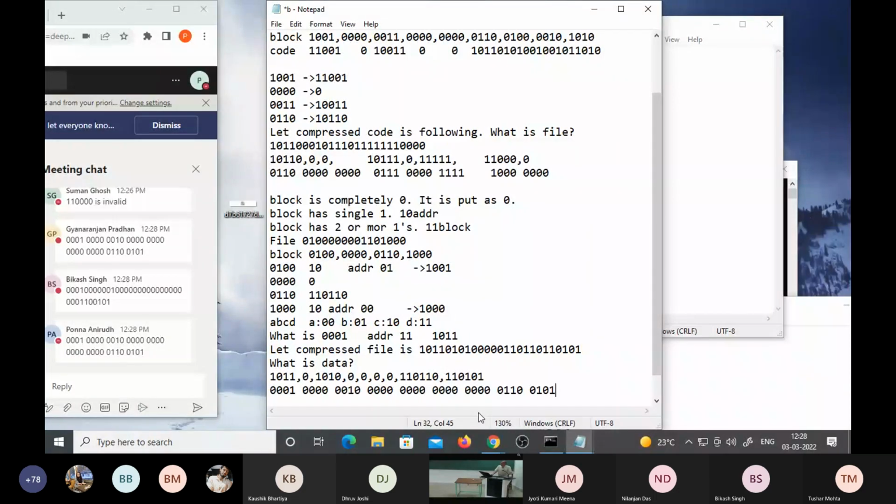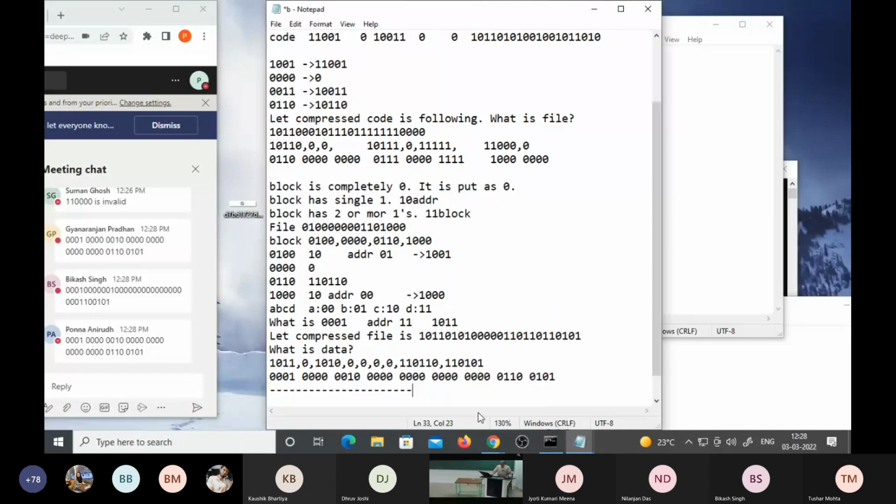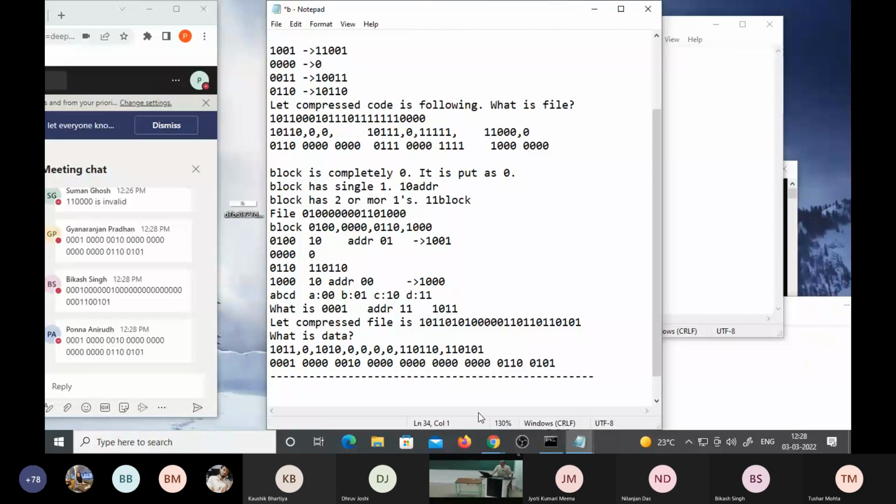Now, let us further proceed. Any doubt? There is another method of halving number of zeros.